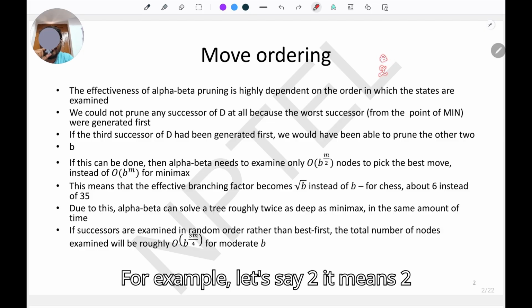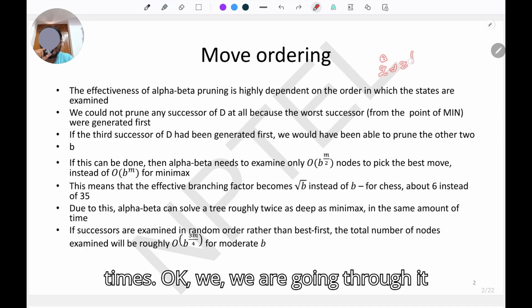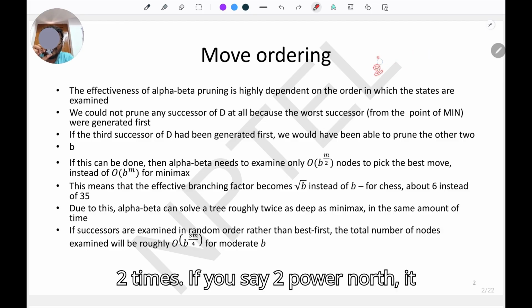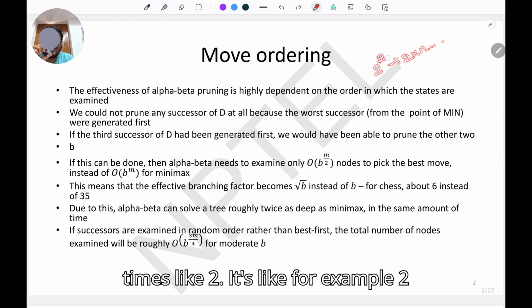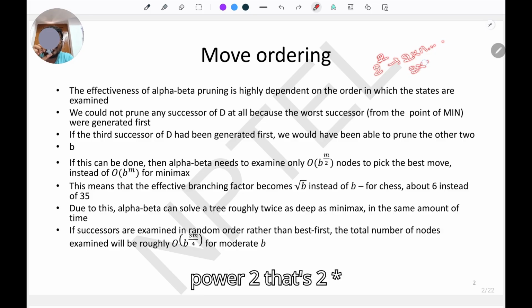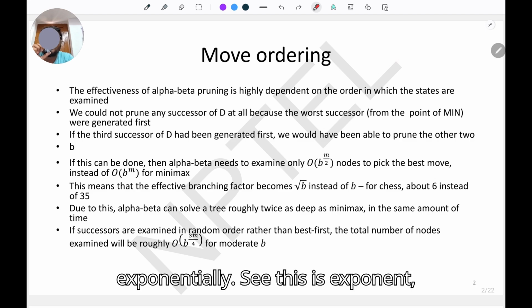For example, 2 power 2 means 2 into 2, which is 4. It multiplies exponentially. See, this is an exponent, right?